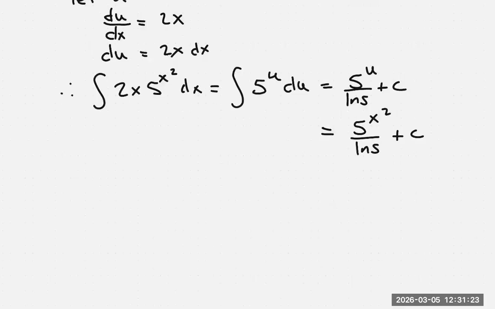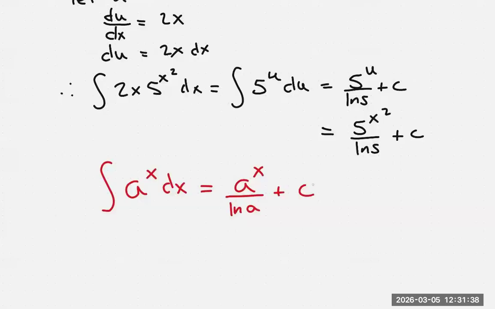But the rule the book has is just a simple one: the integral of a number raised to x with respect to x is just the number raised to x over the natural log of the base, plus c. That is the rule without a fancy function up there, just x. The reason is that when you differentiate x, you get 1. It's actually the same rule, just a broken down version of it.